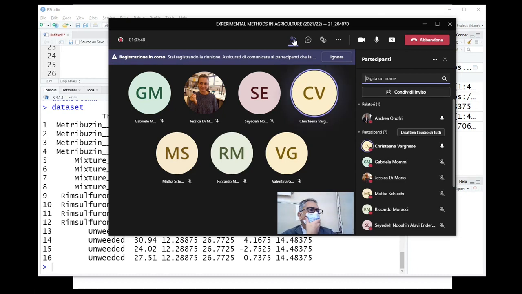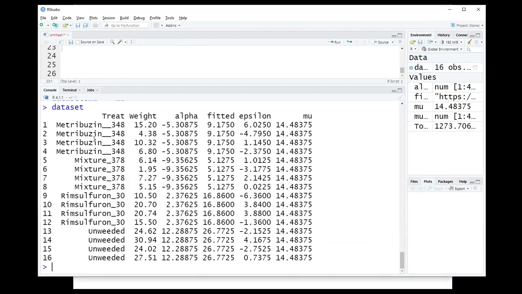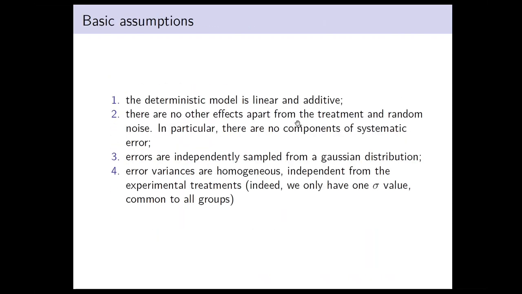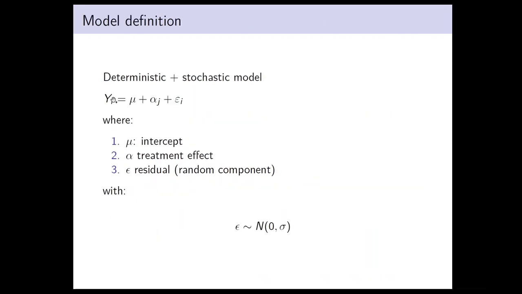So now we have all the pieces we need because we know alpha, we know epsilon, and we know mu. If we go back to our model, this was the model here. Now we know everything for every individual observation.